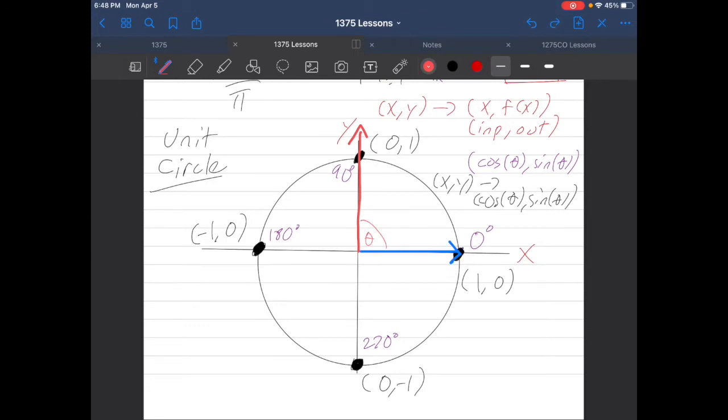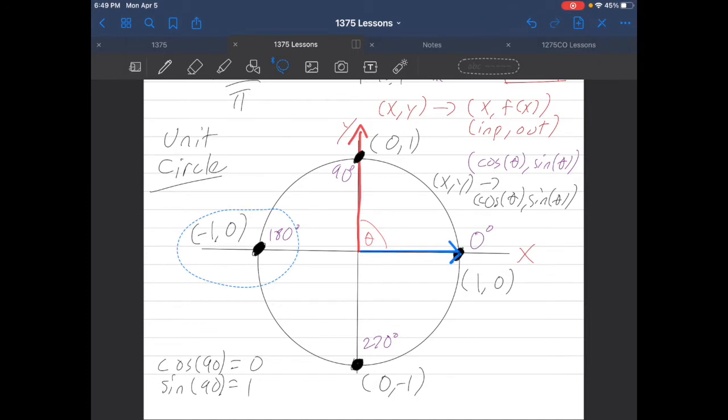How would we determine the sine and cosine values? Well, this line intersects the unit circle at this ordered pair 0, 1, which tells us that the cosine of 90 degrees is equal to 0, and then the sine of 90 degrees is equal to 1. And it can be that simple as long as we know all of these things about the unit circle, as long as we know what these ordered pairs are.